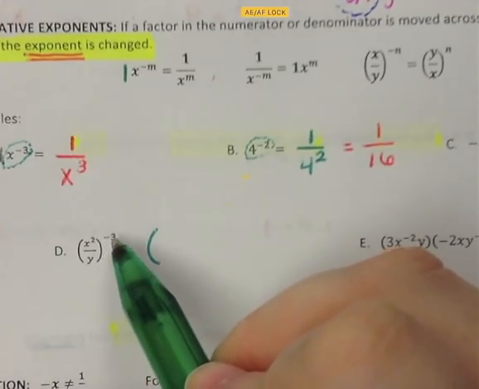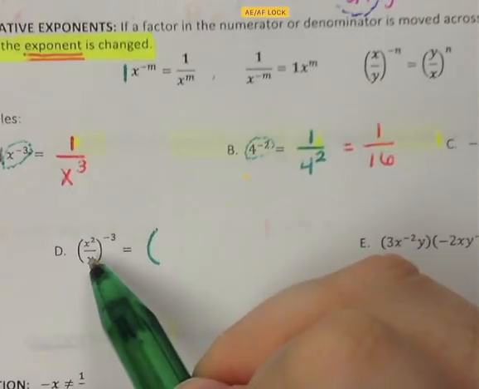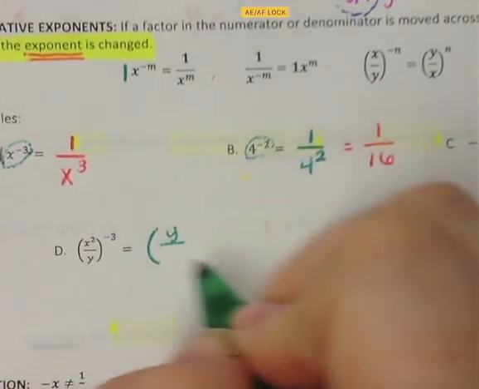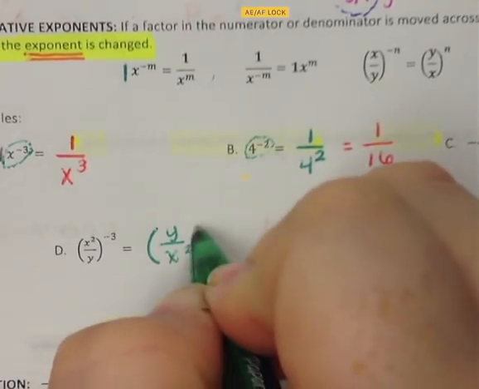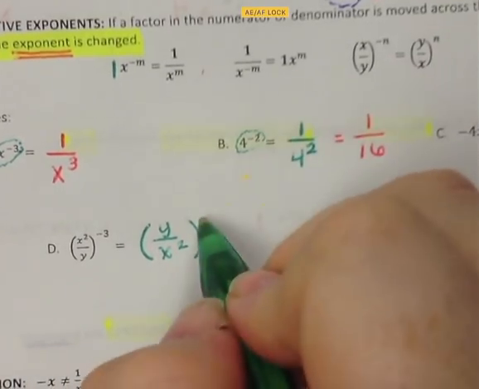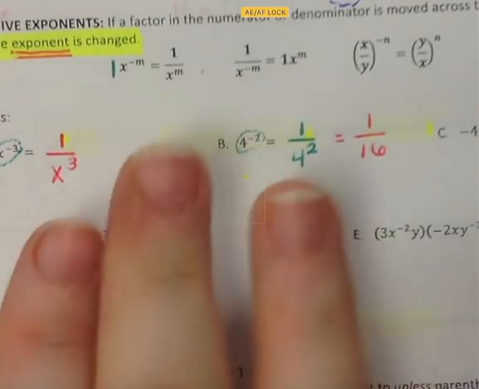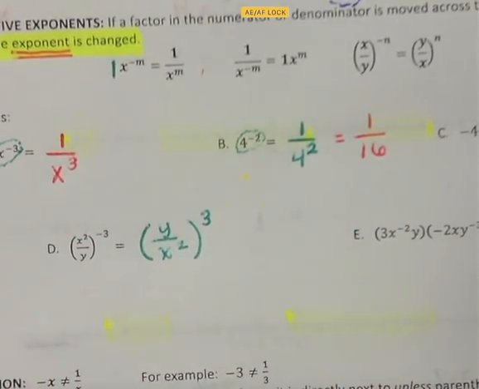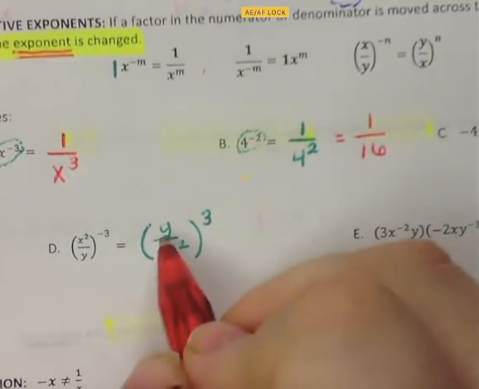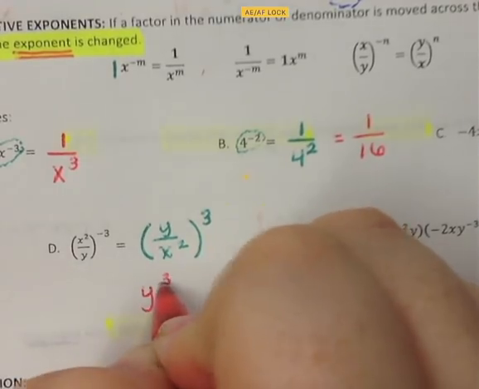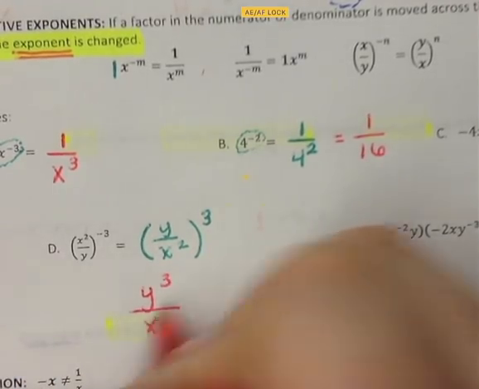So because everything's attached to a negative 3, I can put my denominator in my numerator and my numerator in my denominator. So I put y over x squared. And now that's all raised to the positive 3. And then now I have no negative exponents. Now I can actually multiply my exponents because this is the expanded power rule. And I can get y to the third power over x to the 2 times 3 is 6.